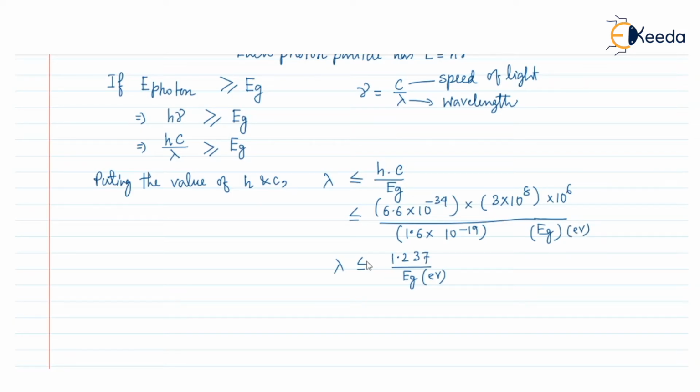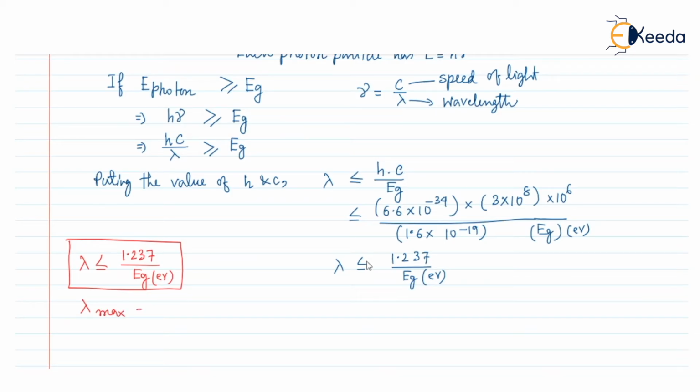So finally we can say that lambda will be less than or equal to 1.237 by Eg. So this is the range of lambda. Now from this range we can see that lambda will have a maximum value.